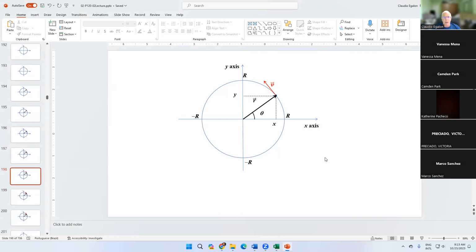Here's the velocity vector of your particle.